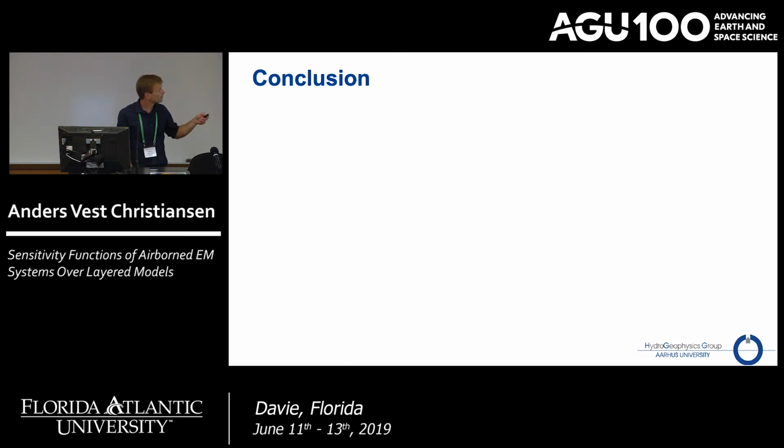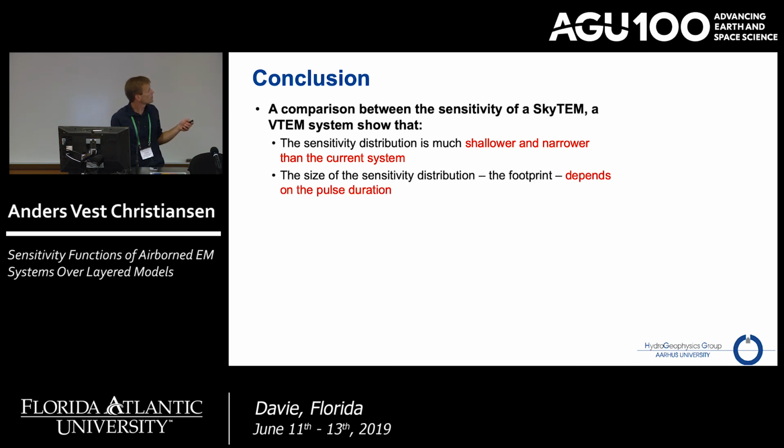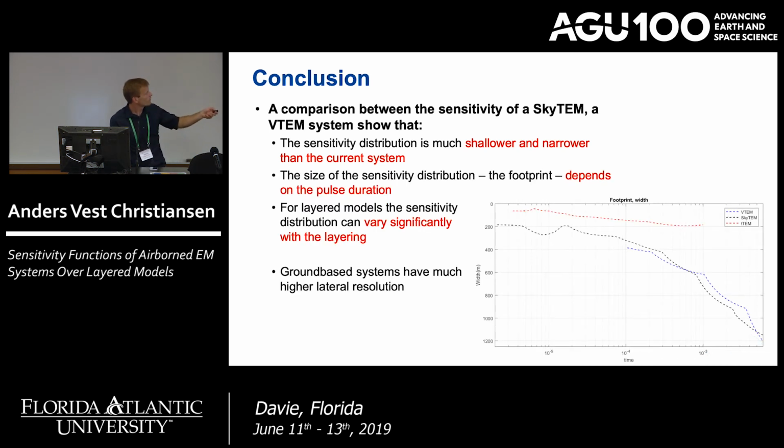In the comparison between SkyTEM and VTEM, the sensitivity distribution is much shallower and narrower than the current system. The size of the sensitivity distribution, the footprint, also depends on the pulse duration. And for the layered models, we saw that the sensitivity distribution can vary significantly with the layering.